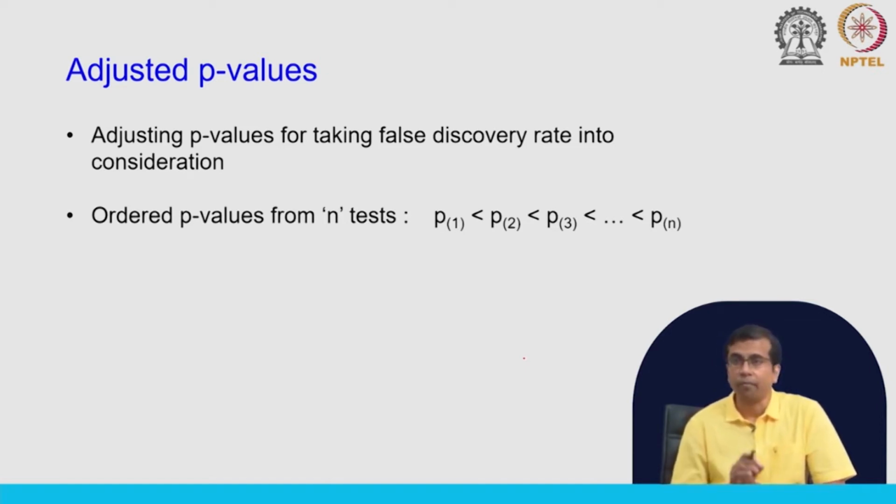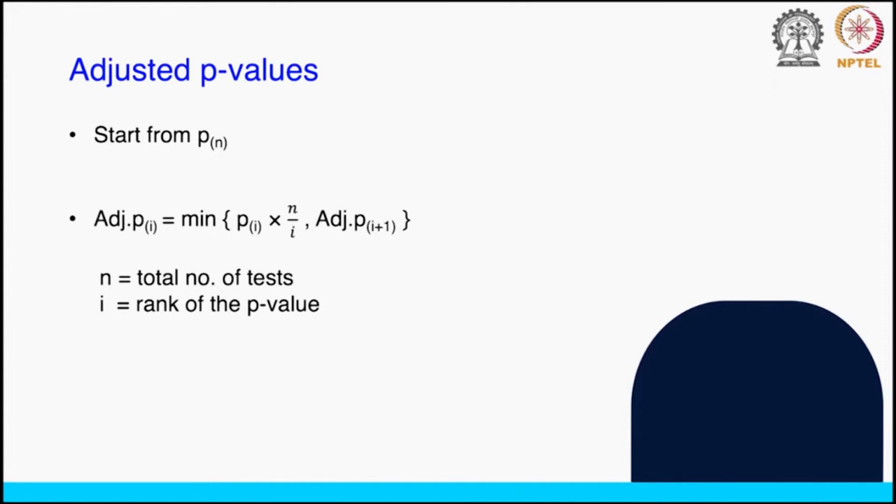Going back, we have these ordered p values from n tests, from p(1) to p(n), and we start from p(n), the largest p value, and calculate the adjusted p value. Adjusted p(i) is the minimum of p(i) times n divided by i, or compared with p(i+1).